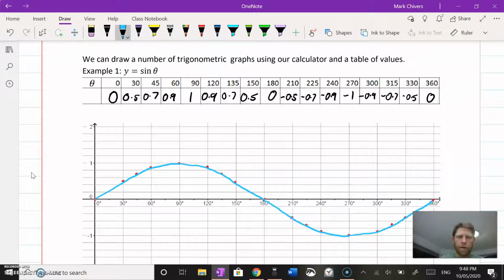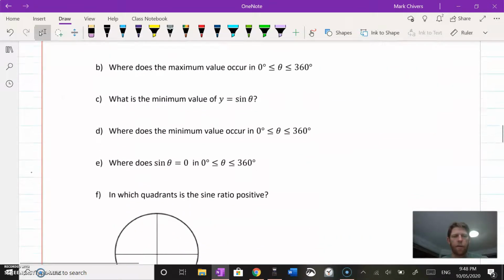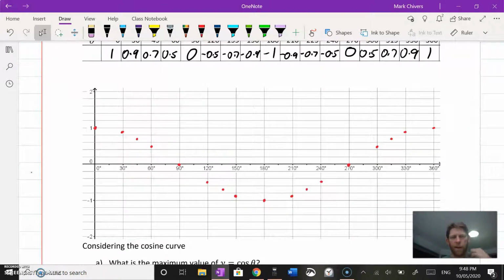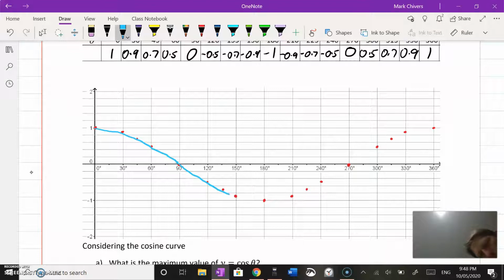It starts at 0, goes up to 1, back down to 0, down to -1, and back up to 0 again. And you'll see that the cosine is very similar, but it's like it's off by 90 degrees. So if we draw this one in, we end up with a nice wave that looks pretty much the same as the sine wave.